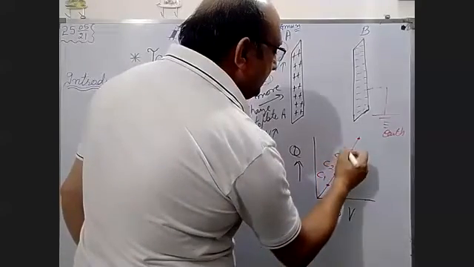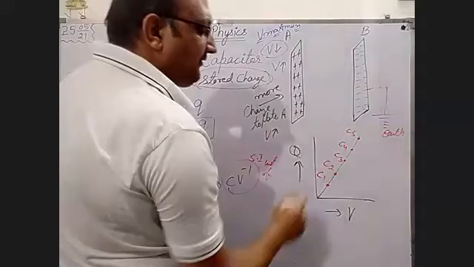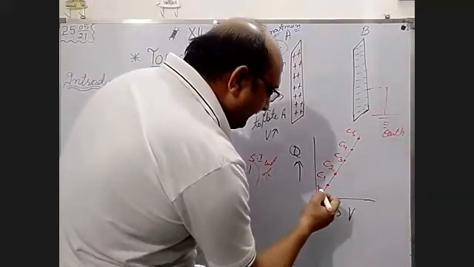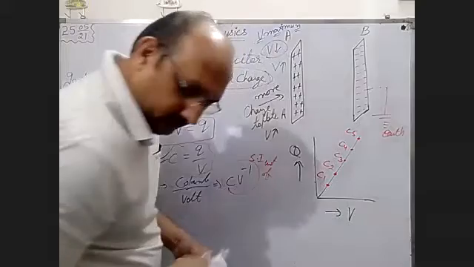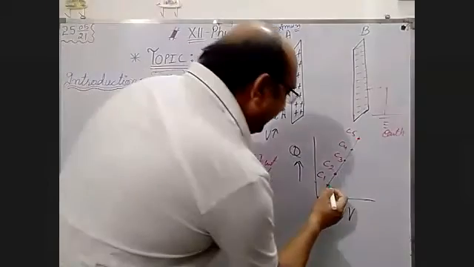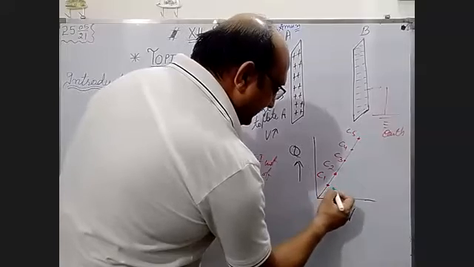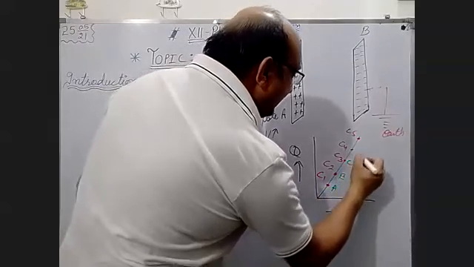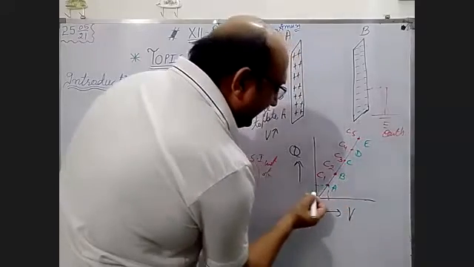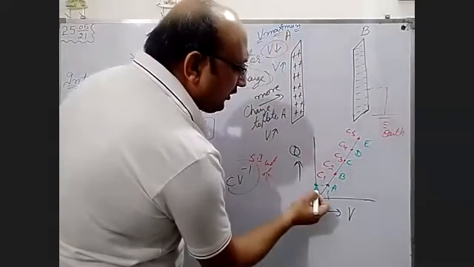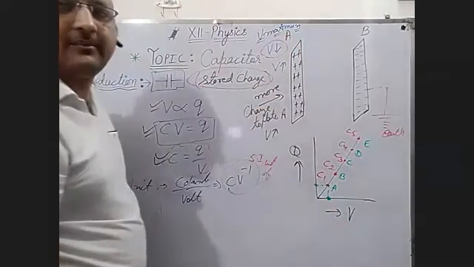Means if you want to calculate C1, C2, C3, C4, C5 by taking the ratio of Q and V value, if you want to calculate the value of this capacitance C1 at point A, B, C, D and E, then draw the perpendicular at y-axis, take the value of Q from there, and this is the value of V.